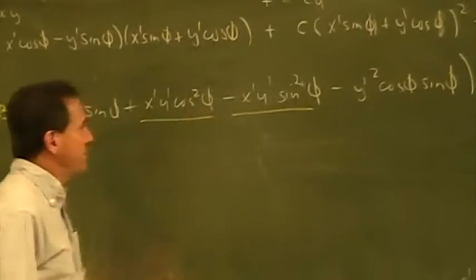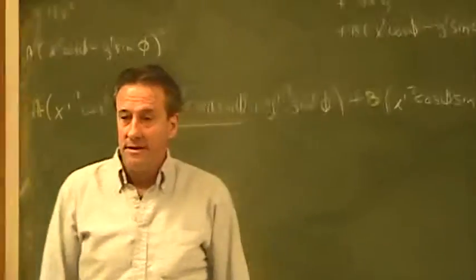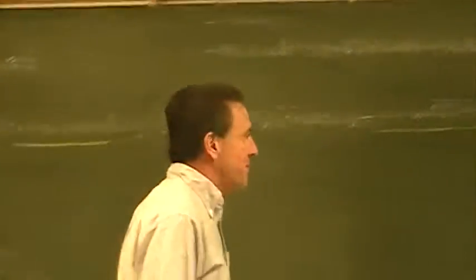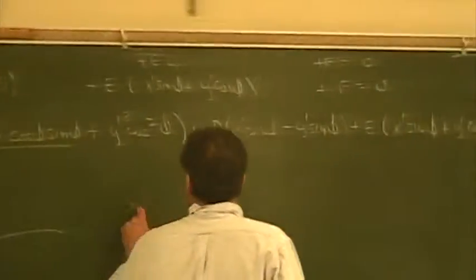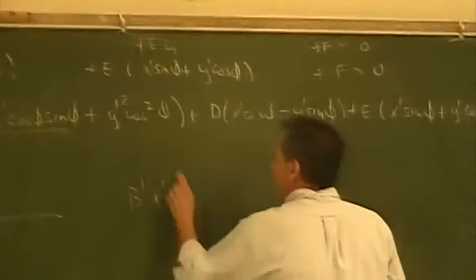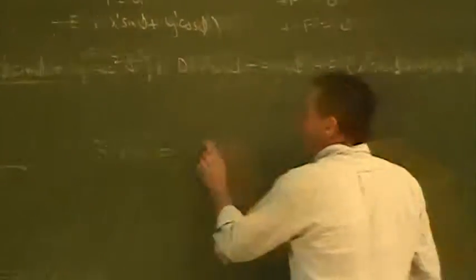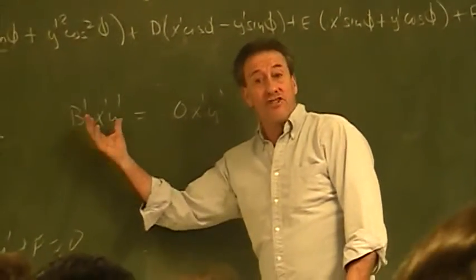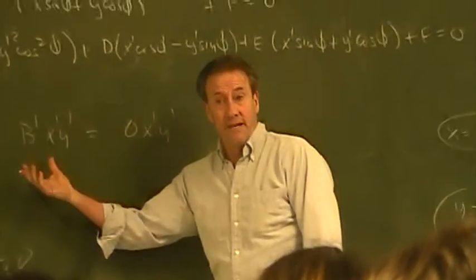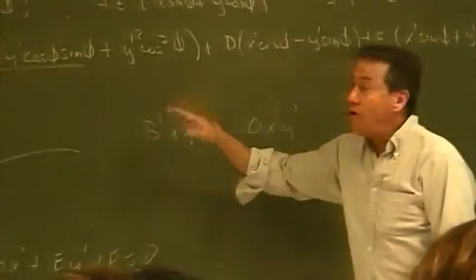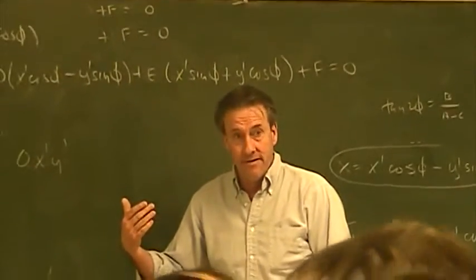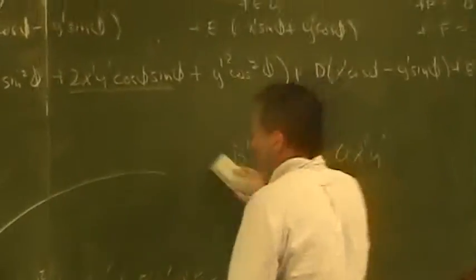Okay, here's what we're gonna do. B prime x prime y prime is going to equal 0 x prime y prime. So I have to find the coefficient of x prime y prime, which is b prime, and set it equal to 0. So it's going to be the coefficient of all those underlined ones. So I have to gather those up.